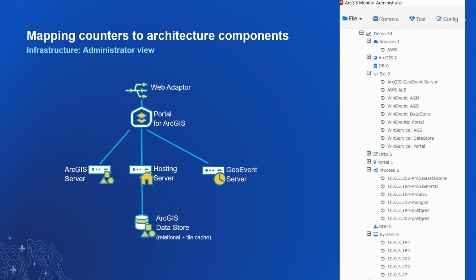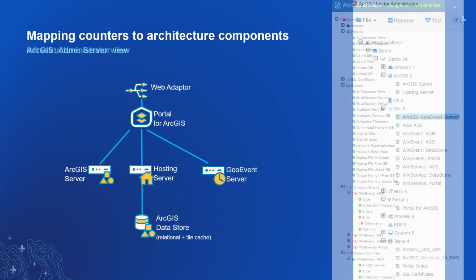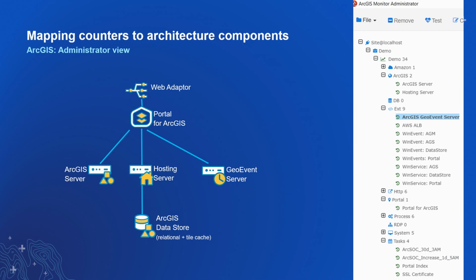Just really quickly, that's the administrator view. Once we configure this, that's the administrator view. Then this is the server view. This is the website. So just really quickly, when it comes to ArcGIS, we have ArcGIS and hosting server. So we add these ArcGIS Server to the administrator.